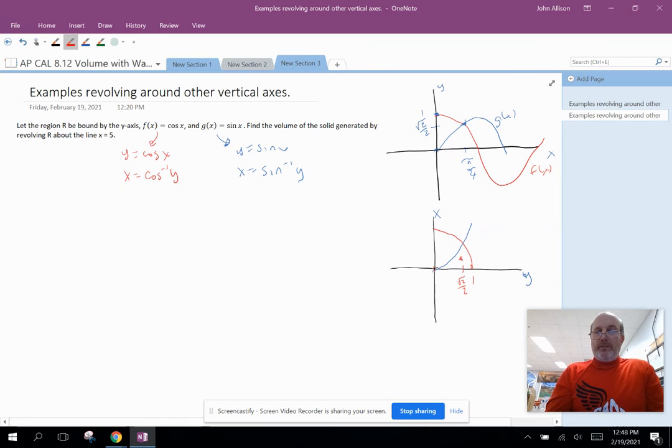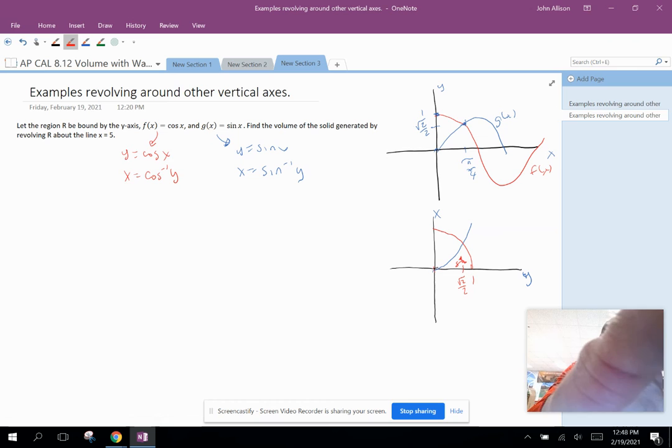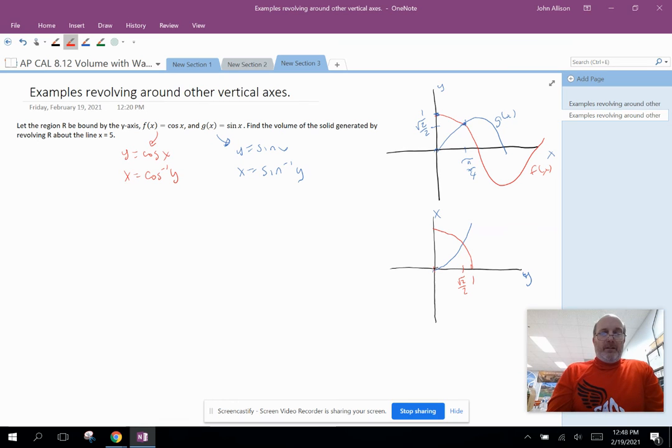So this is the region that we're looking at revolving around the line x equals 5. So x equals 5 is here, not to scale. Whoops, my bad. I have reverted back to the original axis. x equals 5 is up here somewhere. And this is the region.